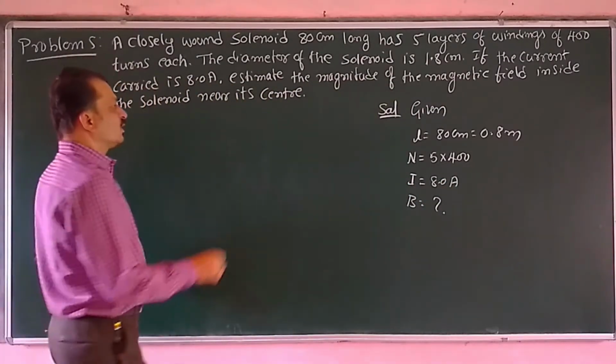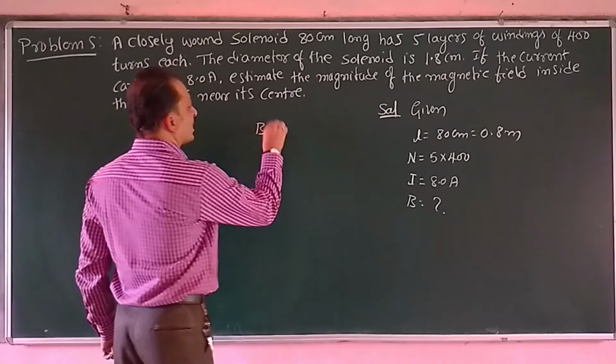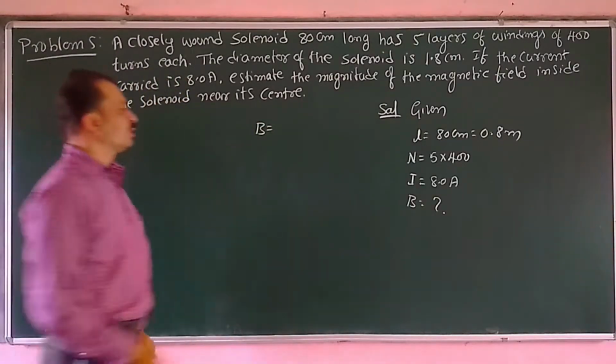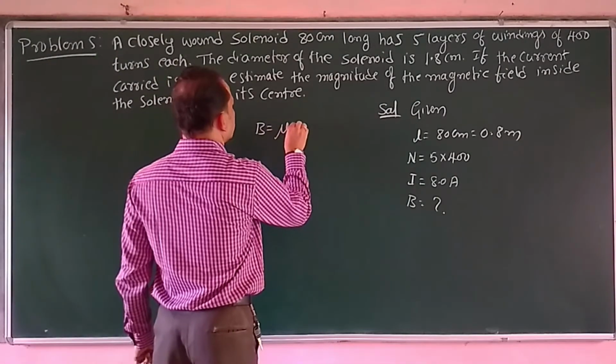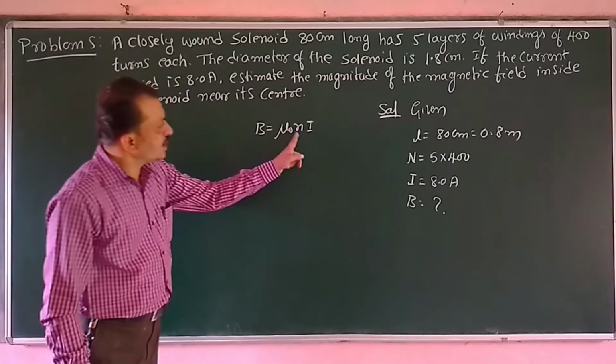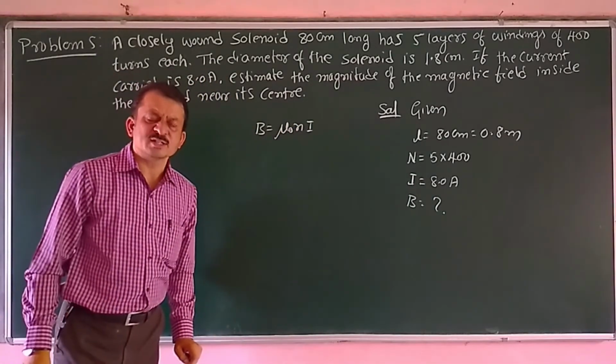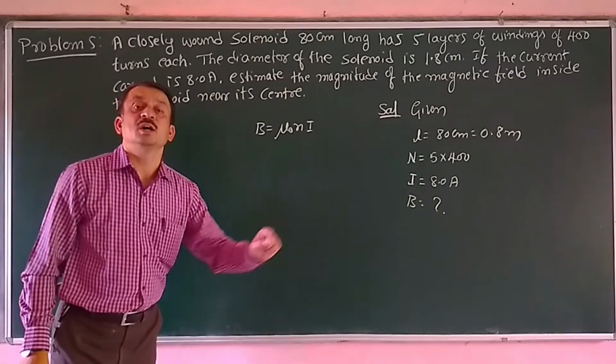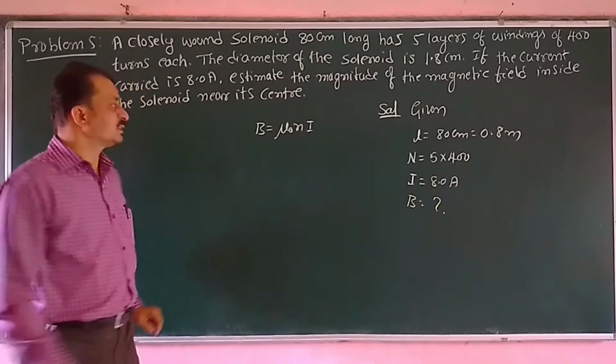So simple relation we have. The formula for magnetic field inside the solenoid is given by mu naught n I. Here we have written small letter n, which is number of turns per unit length.